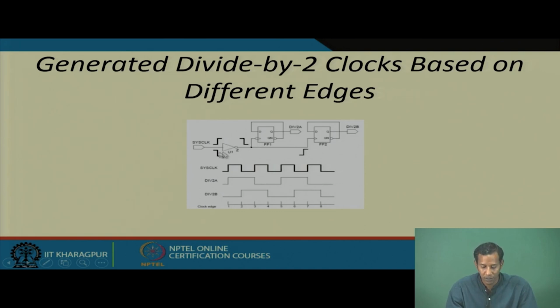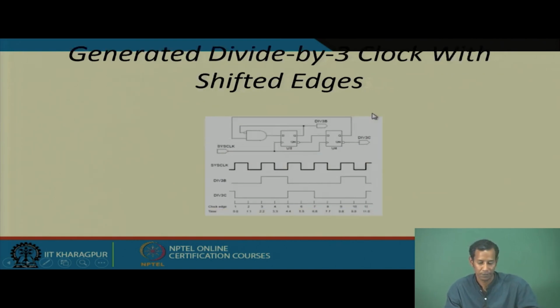So, for this particular flip flop A, it will generate the divided clock at the positive edge, and here it will generate at the negative edge, because it is already inverted. So, at the negative edge it creates the corresponding divide by 2 clock.